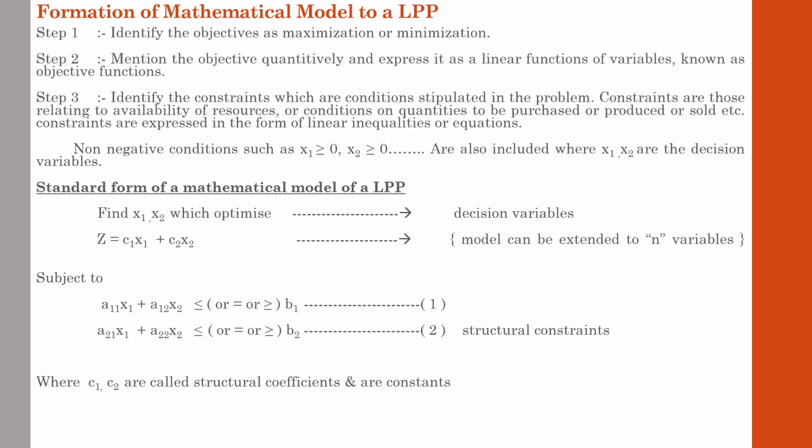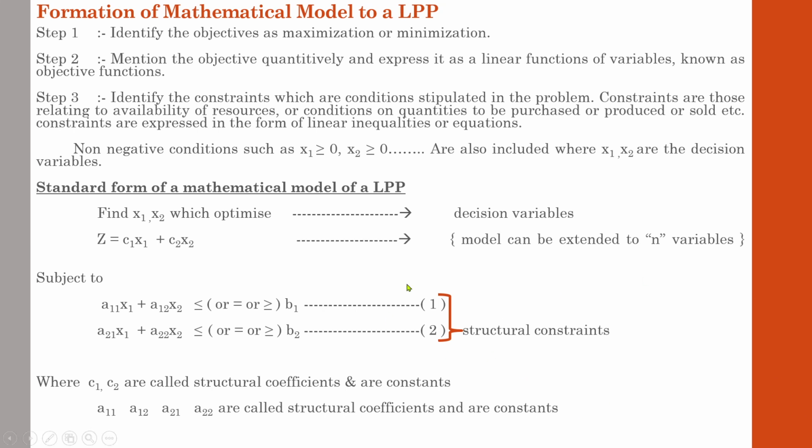These two are structural constraints, otherwise known as constraints, and a11, a12, a21 and a22 are structural coefficients and are constants. We will discuss these structural coefficients during the application case.